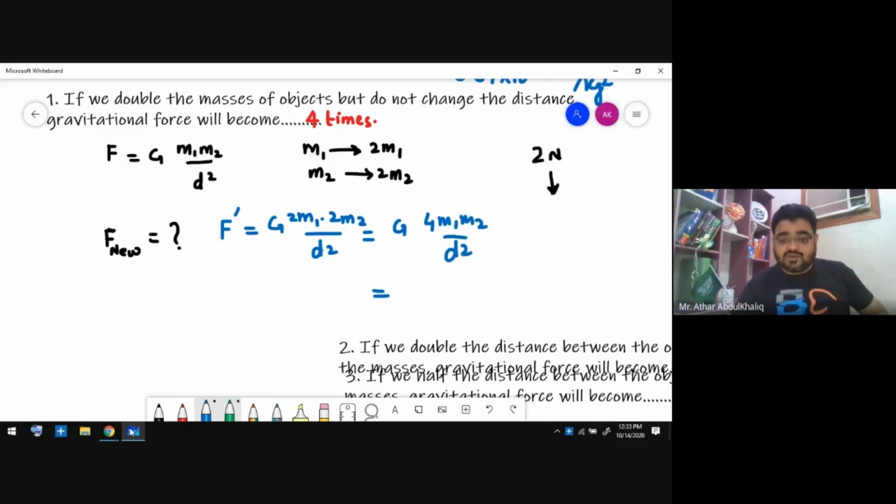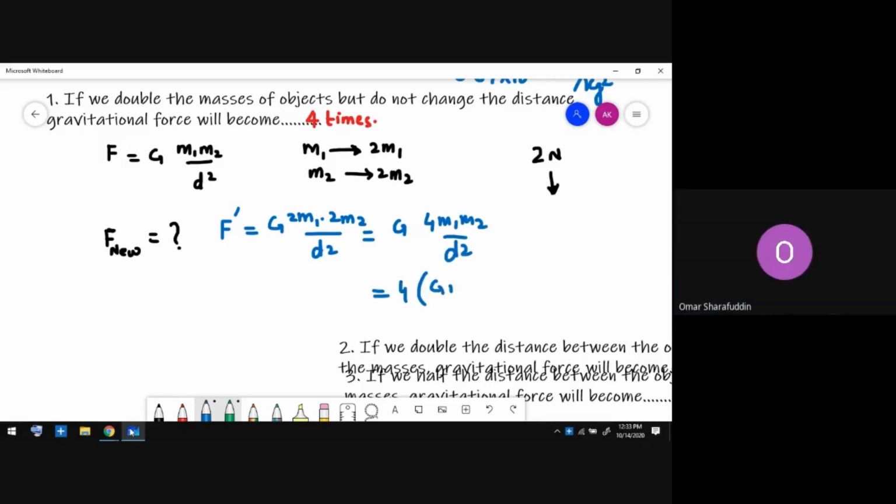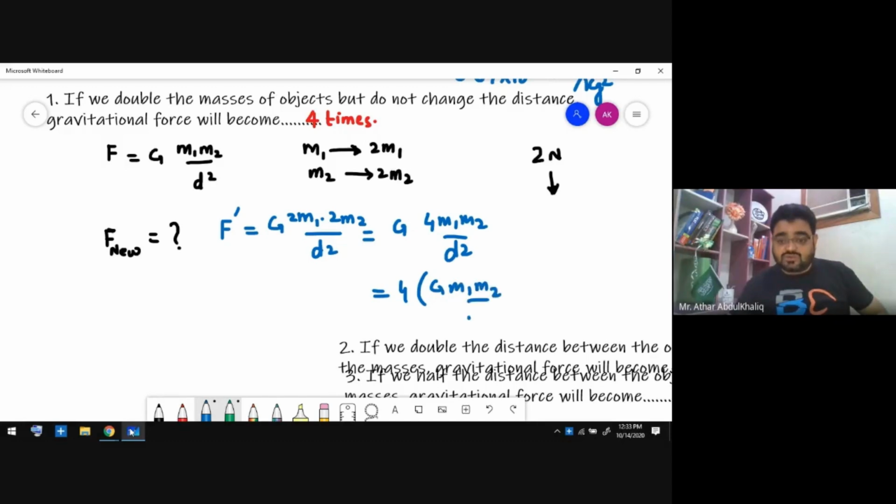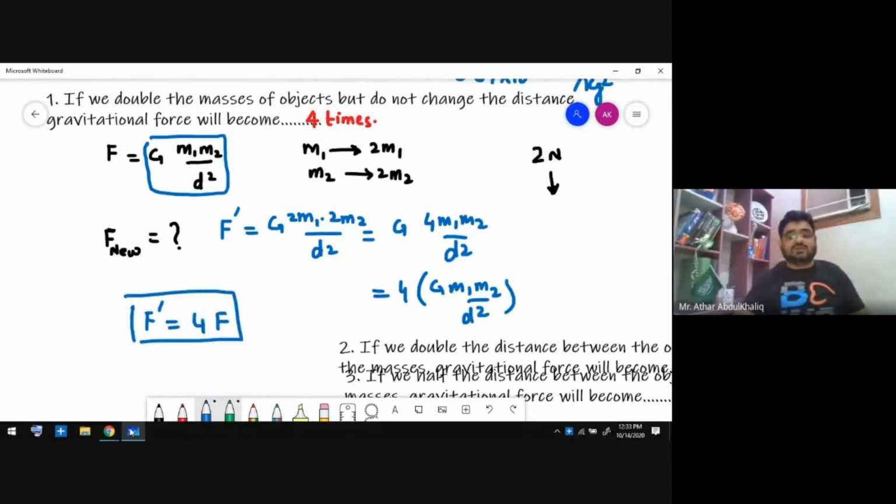Finally, I can say 4 into G m1 m2 over d square. What is G m1 m2 over d square? This is the actual force. So you will say that the new force F prime is equal to 4 times the actual force. So the force is increased 4 times.